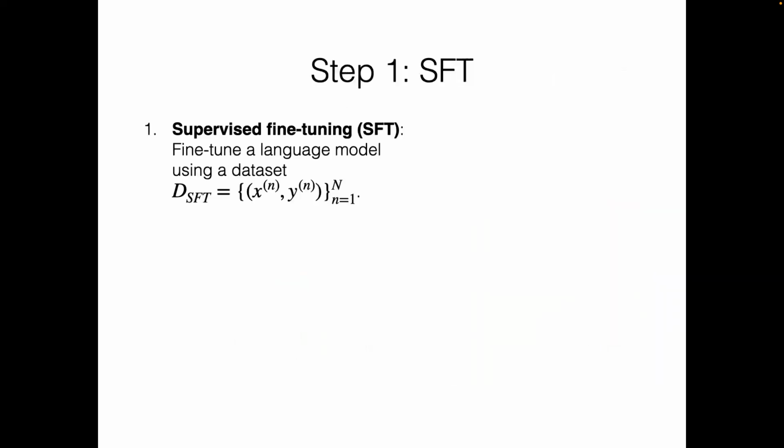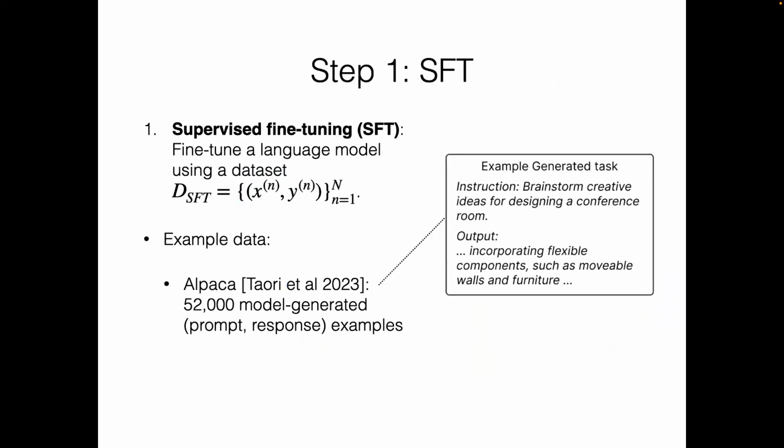So first is the SFT. An example data set that you would use, if you think back to the fine-tuning lecture, is instruction tuning. You have a bunch of instructions and a bunch of outputs, and maybe use that as your supervised fine-tuning data.